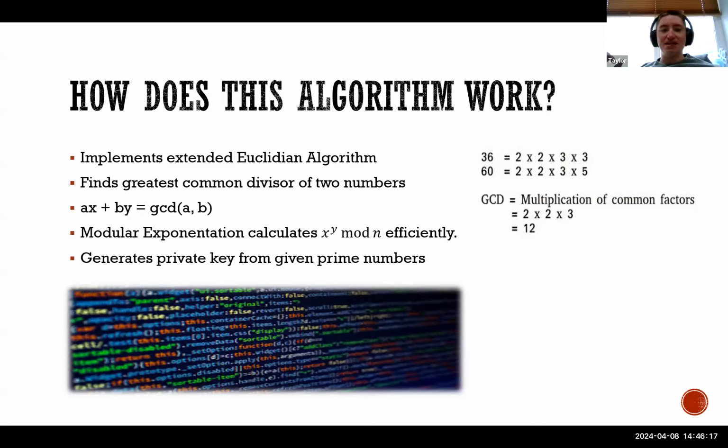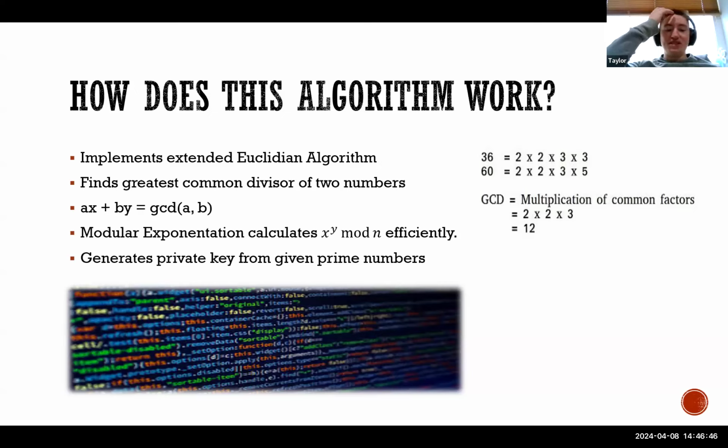What it does is it implements that extended Euclidean algorithm to find the greatest common divisor of two numbers, a and b, along with the coefficients x and y. So ax plus by equals the greatest common divisor of a and b. This is used in RSA to find the modular multiplicative inverse.